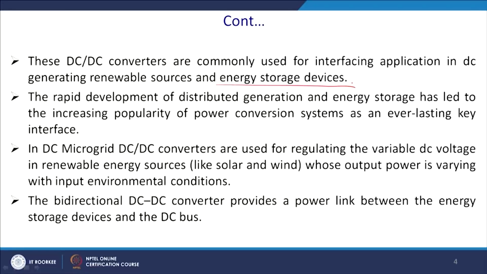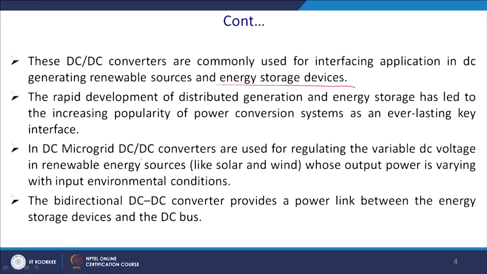The rapid development of distributed generation and energy storage has led to the increasing popularity of the power conversion system as an everlasting key interface. So, this is something that is gaining popularity day by day.